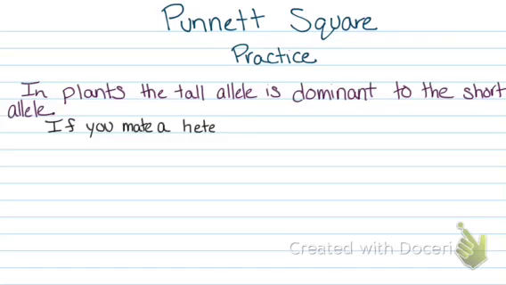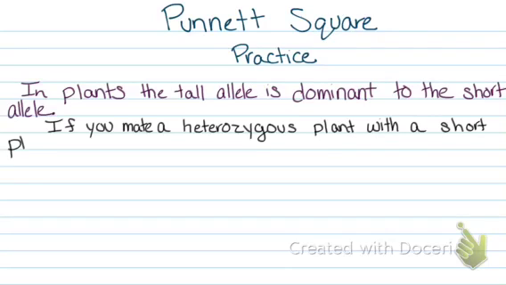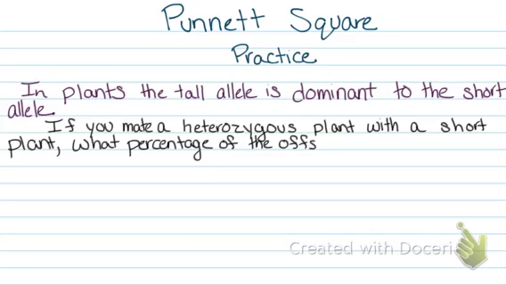Make sure to write that tall is dominant to short. In this case, we're going to mate a heterozygous plant with a short plant. And we're going to figure out what percentage of the offspring will be short.